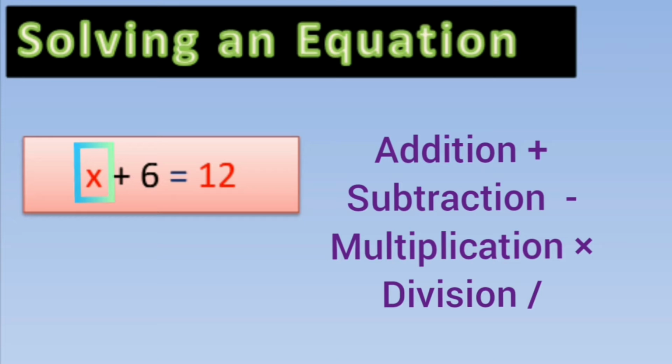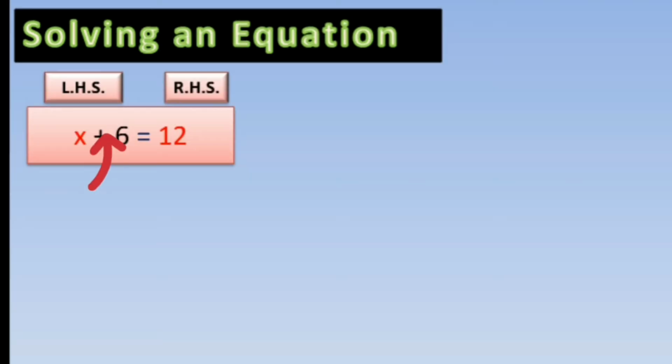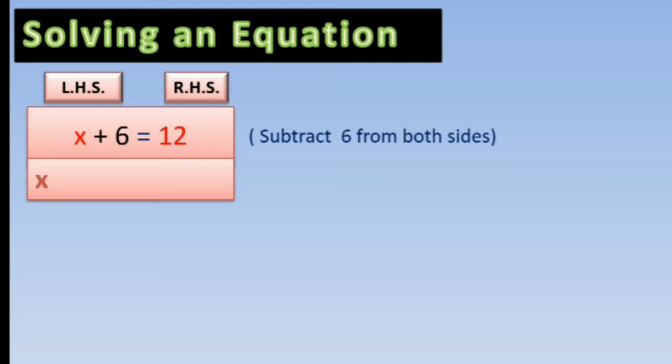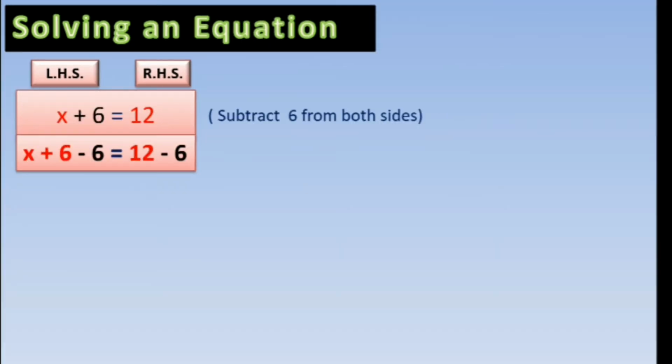In this case, we have to separate x from plus 6. We'll subtract 6 from both sides. Whatever operation we do, we have to do on both sides, right? So, we can say x plus 6 minus 6 is equal to 12 minus 6. Plus 6 minus 6 will be 0 and on the right hand side 12 minus 6 will be 6. We have got x is equal to 6.